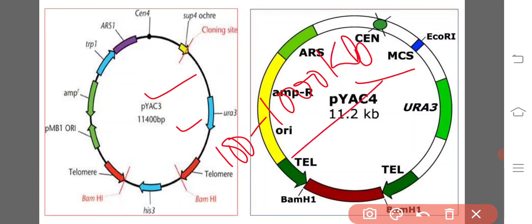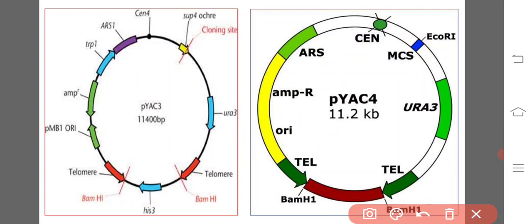It has an ARS, autonomously replicating segment, CN, that is a centromere, CEN4, for centromeric function, and TRP1 and URA3, these are the selectable marker genes.